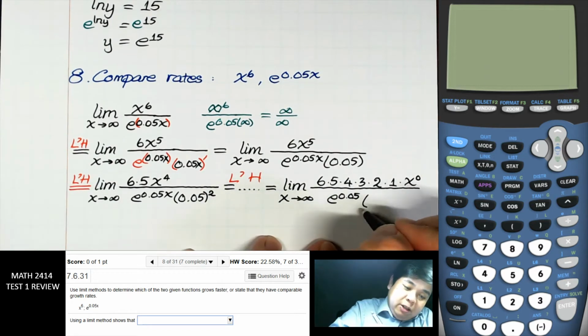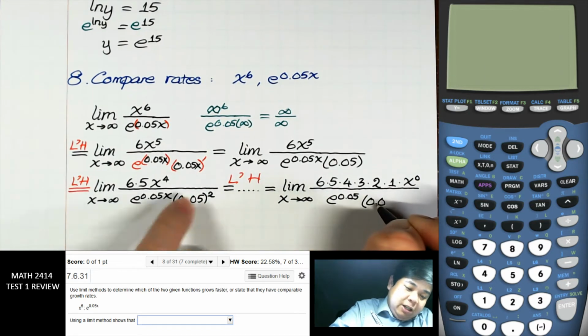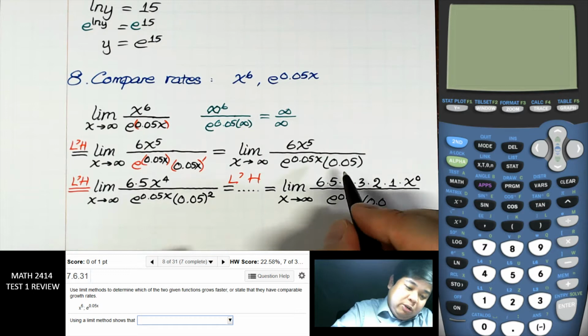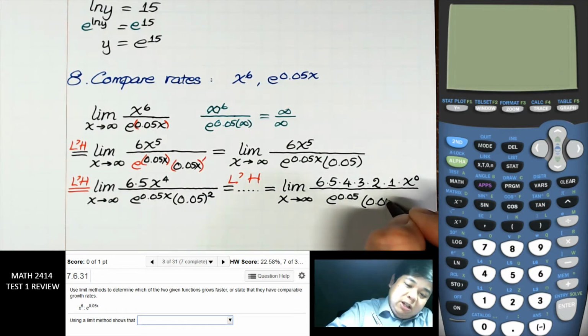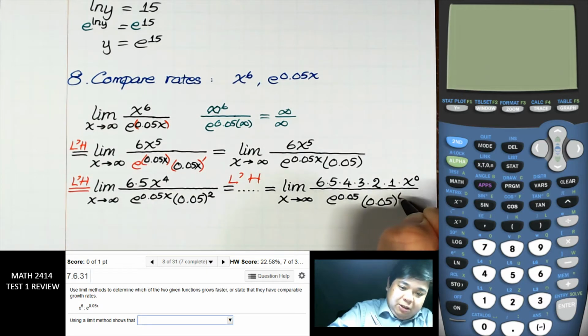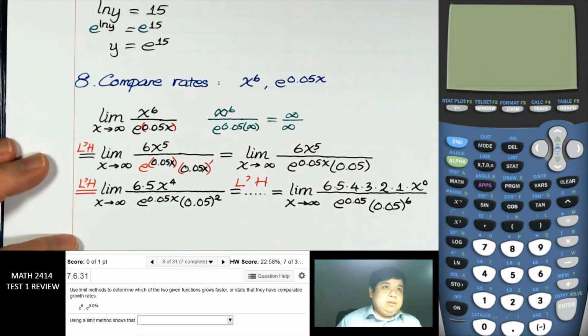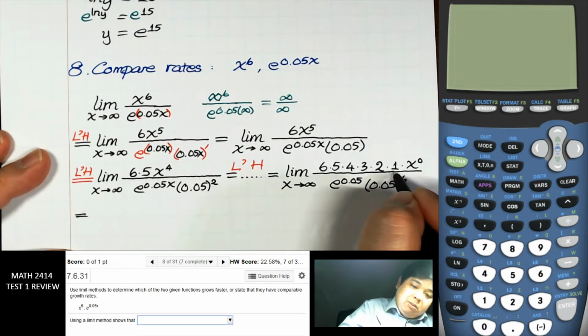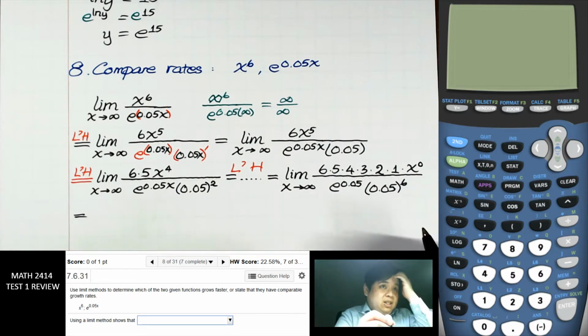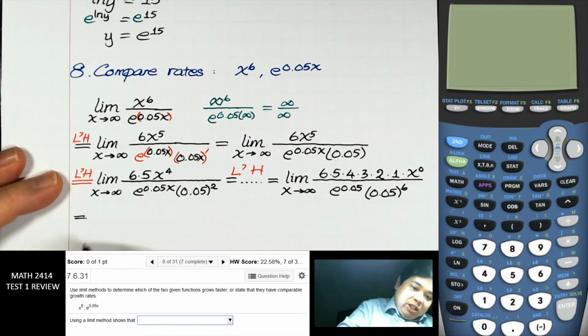And at the bottom we have, this is 2 times, and let's see, 1 2 3 4 5 6. At the bottom we should have 6 of them. Right, 6 times all the way to 1, that is 6 factorial, so it will be 720.